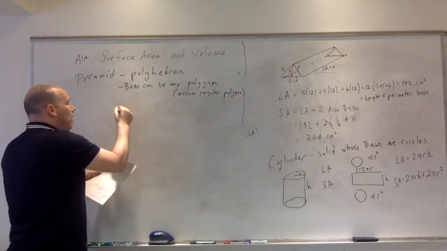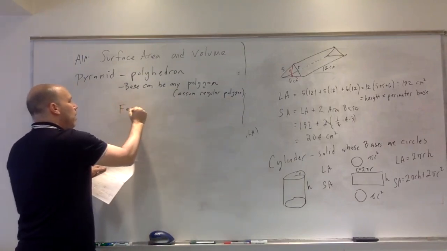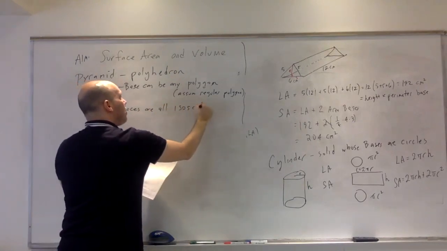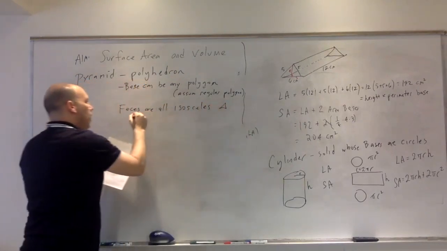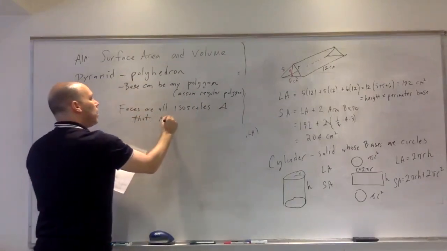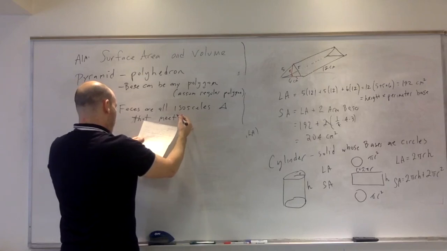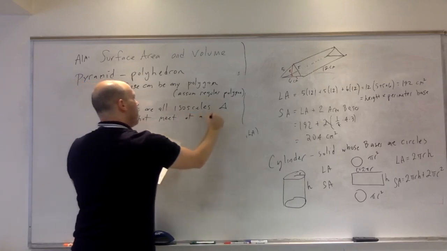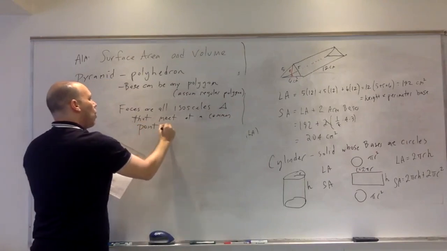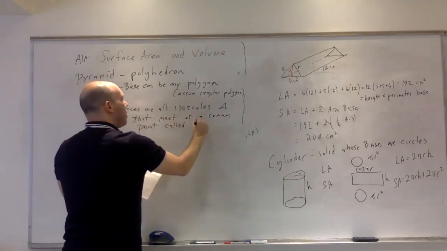And then the faces. Let's think about this. The faces are all isosceles triangles that meet at a common point called the vertex.